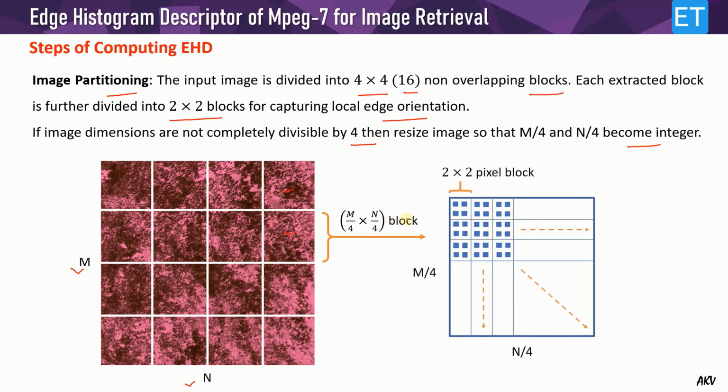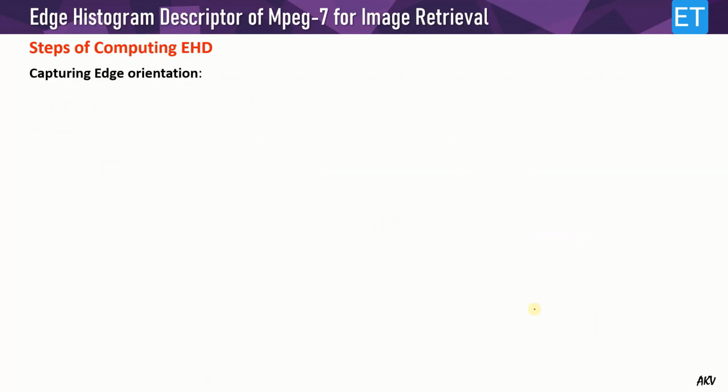This one block is further divided into small 2x2 pixel groups. You can see that there can be hundreds and thousands of 2x2 combinations in one block, depending on the size of the image.